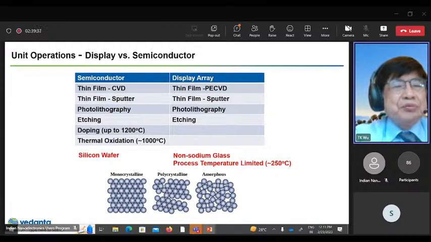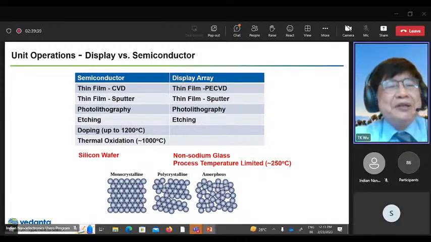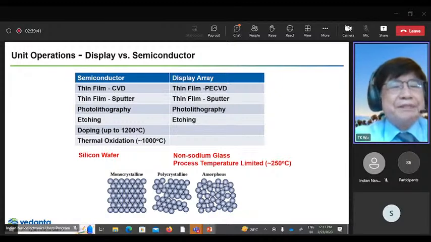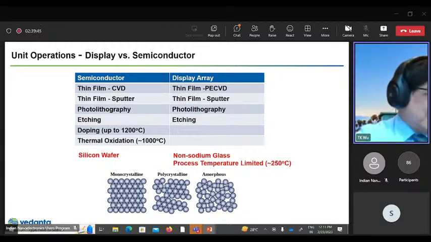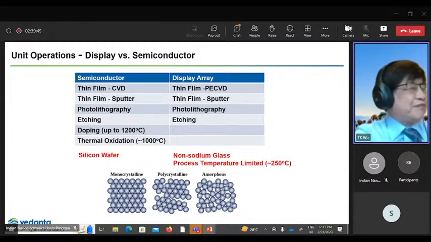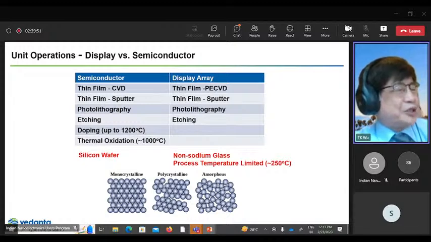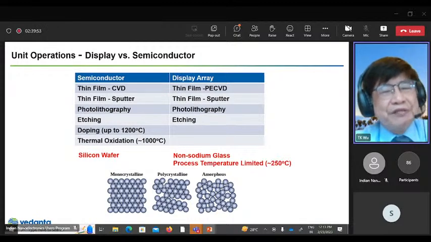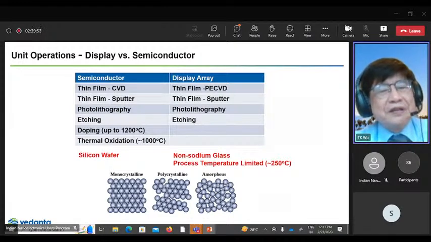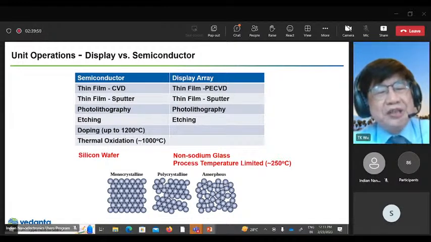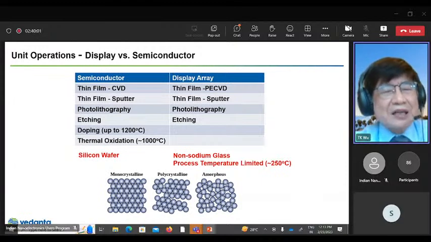Okay, in this one we will see what kind of unit operations we have in display versus semiconductor. There are 6 unit operations in semiconductor: thin film CVD, thin film sputter, photolithography, etching, doping, and thermal oxidation.